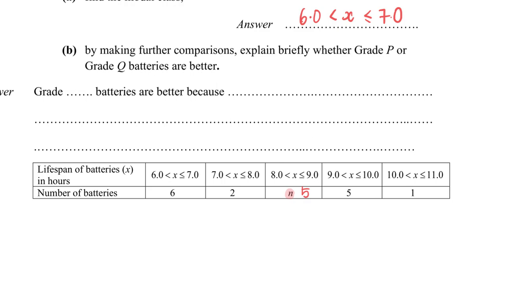So from here, the total number is 6 plus 2 plus 5 plus 5 plus 1. So the total number of batteries equals 19.